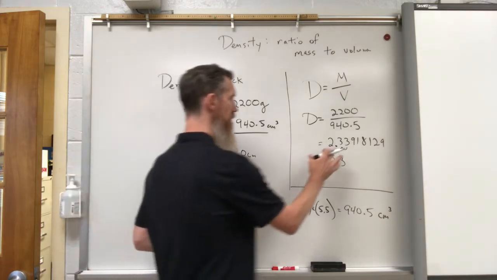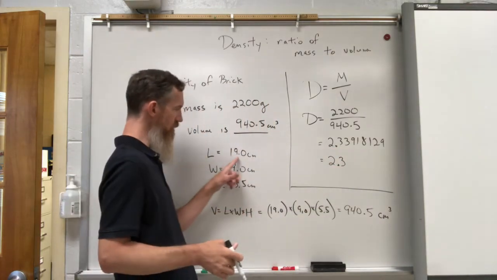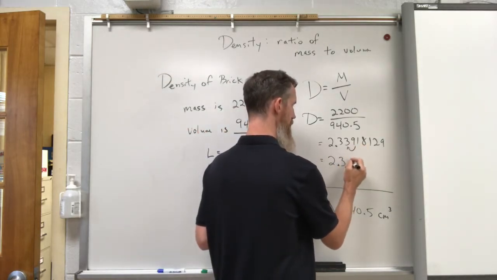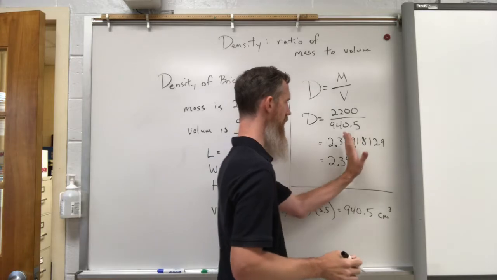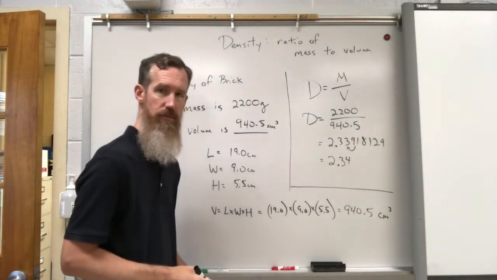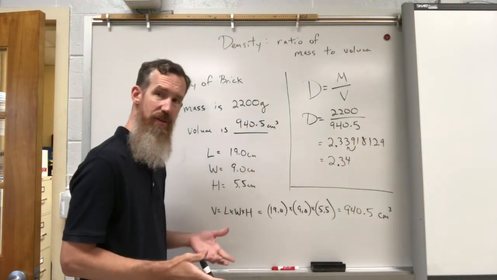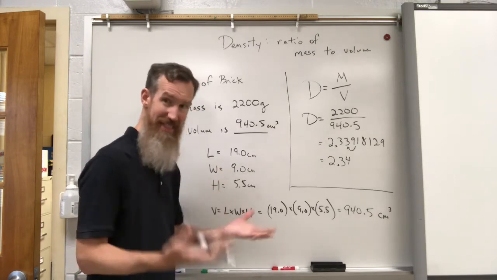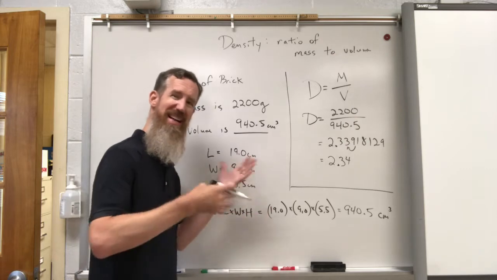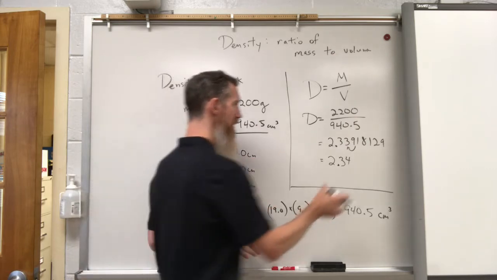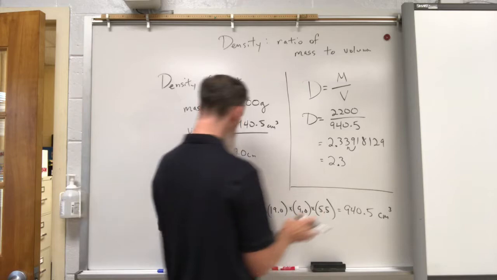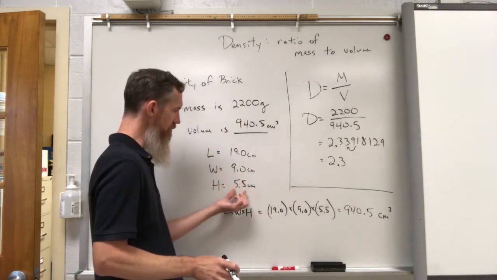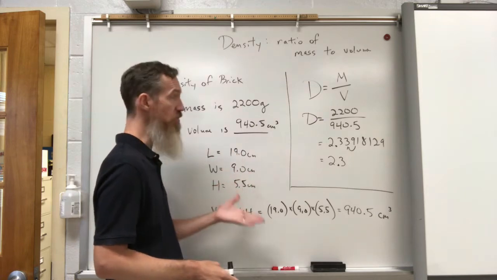Or, instead of 2 spots, I could go 1 more spot, and maybe this 9 rounds that 3 to a 4, and then I'd stop there and not look at the rest of that. I'll accept either. The best answer, according to the rules of science, which I'm kind of glossing over in this course, is to just keep it at the lowest amount of spots. So if this was 3 spots, this is 2 spots, this is 2 spots, then my answer really should be in 2 spots.